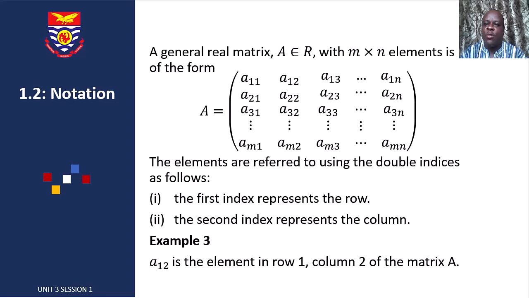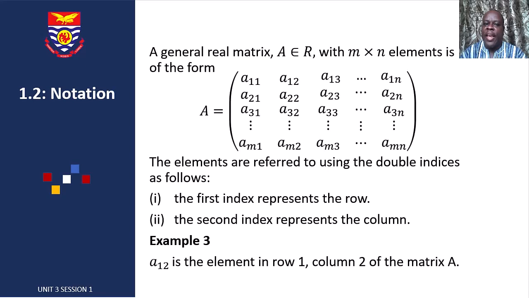So that tells you that we are talking about column 2 and so on. When you take a particular entry, the first index talks about the row, the second one talks about the column. So if you take A23, that tells you that that element is in row 2, column 3.